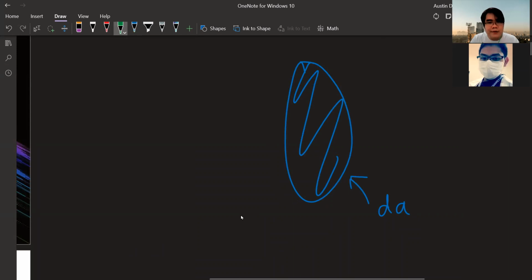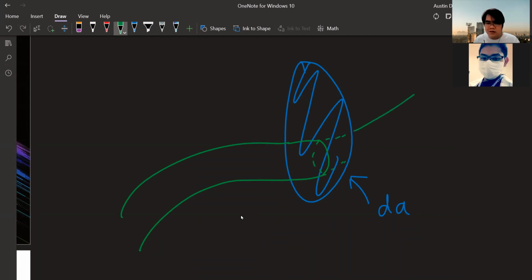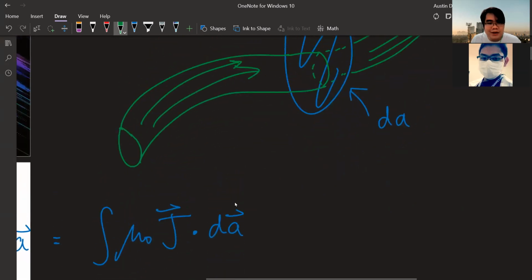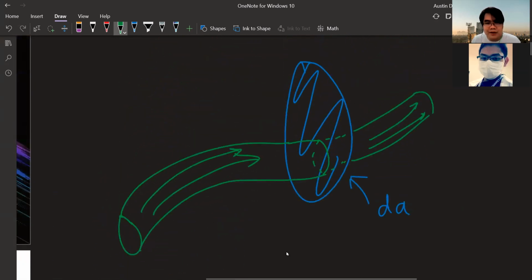And then, meron kang something there na current. Kunwari ayun yung current mo, parang tubig lang. So what is this J dot dA? J dot dA would be counting the lines that pass through in this area.